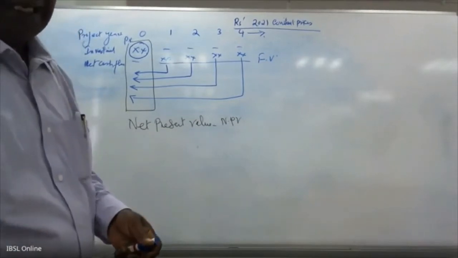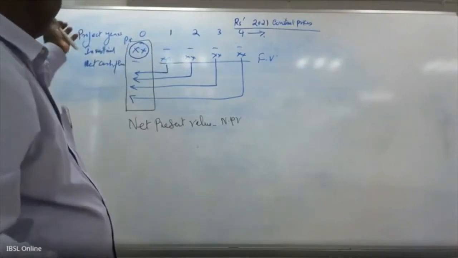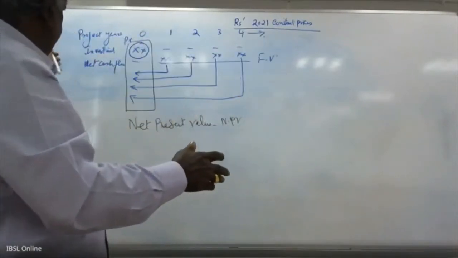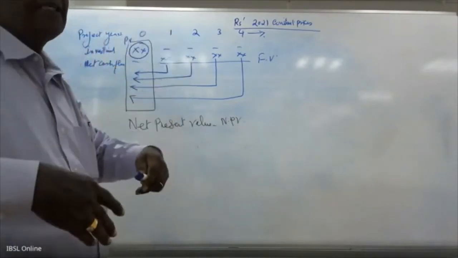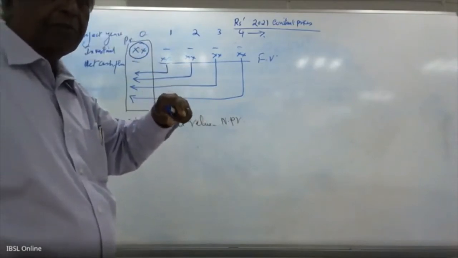So for the project, we make the projections, the investment. What we are getting is the ultimate net cash flow, the net of income minus expenditure. Then we call it net cash flow.